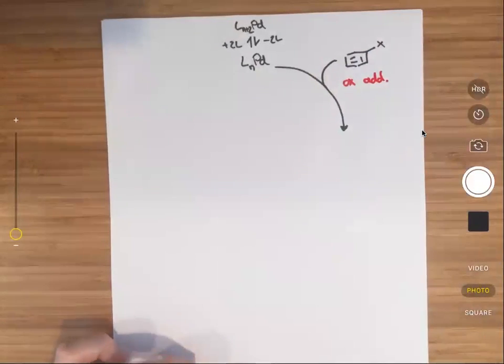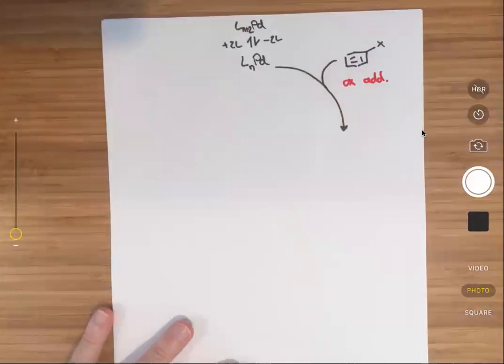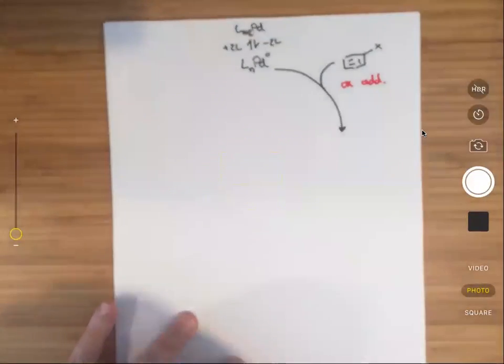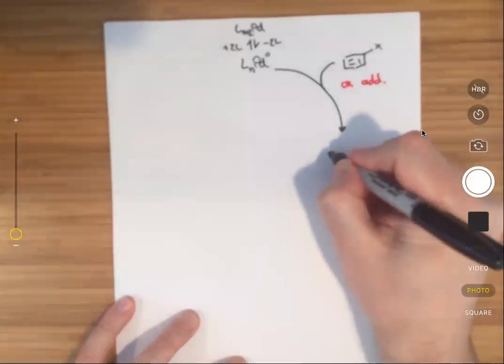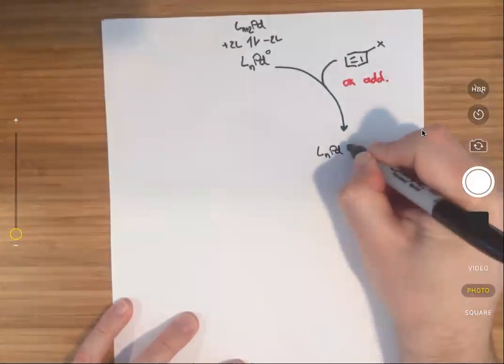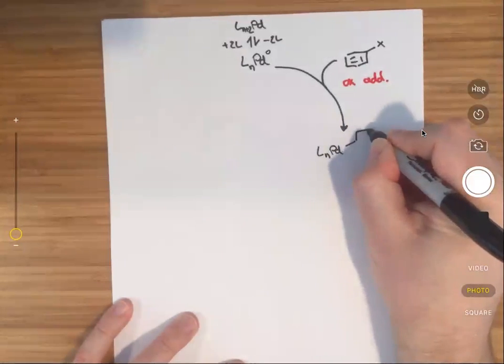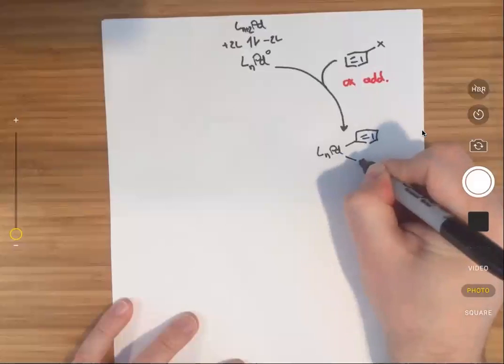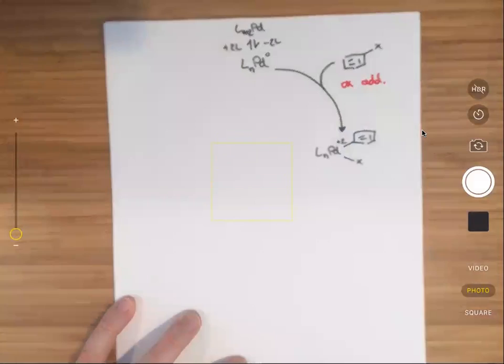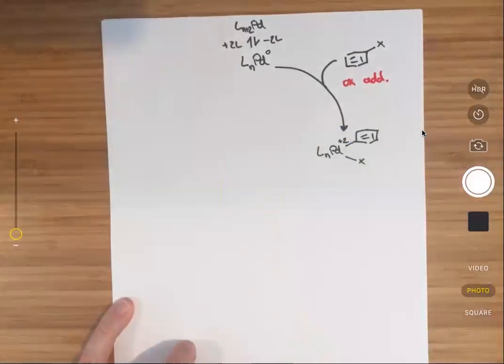So whereas we had the oxidation state 0 here on the palladium, now after the oxidative addition, we have palladium Ln, and then we have here our aromatic ring. And on this other side, we have the X, and this is now essentially the oxidation state +2. So it's identical to what we have seen before.